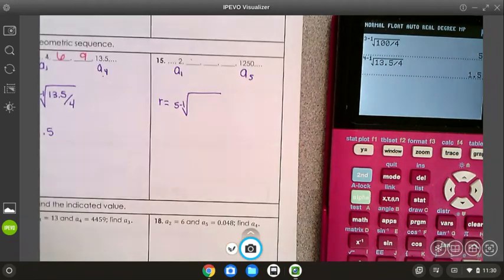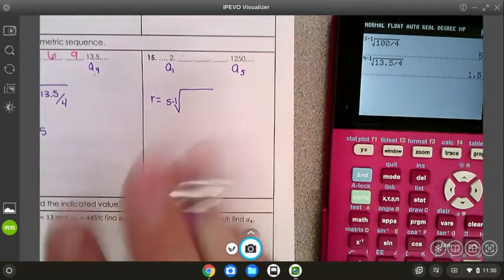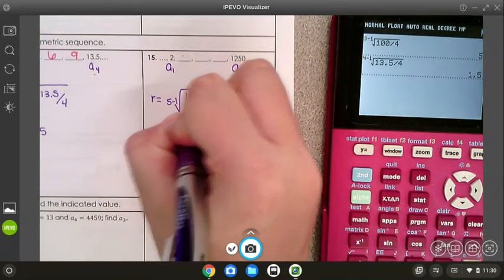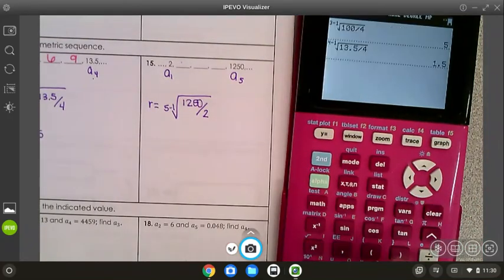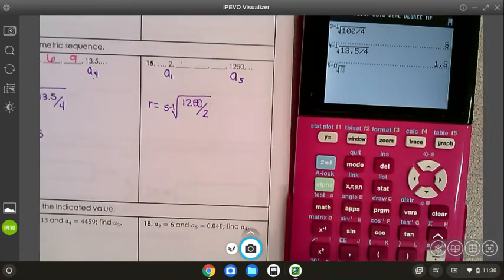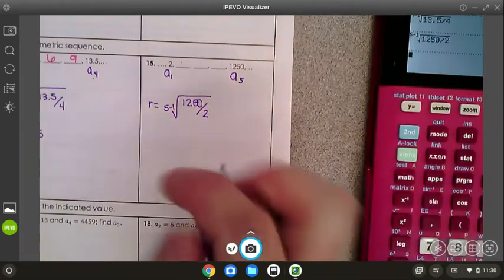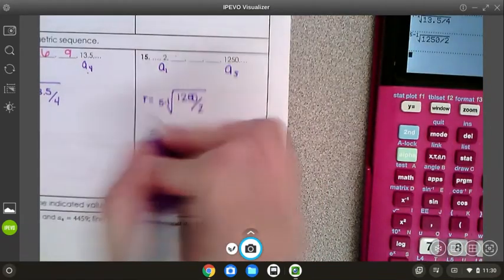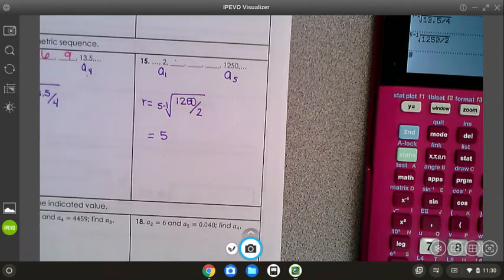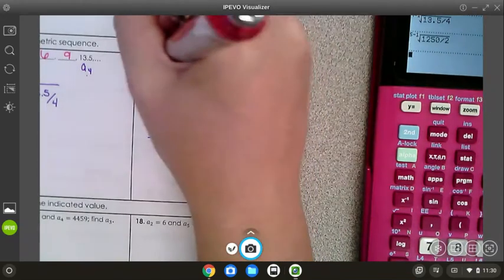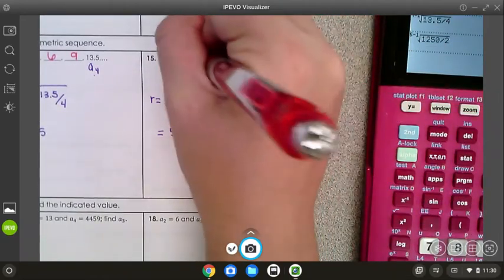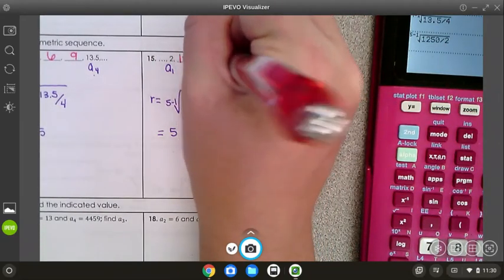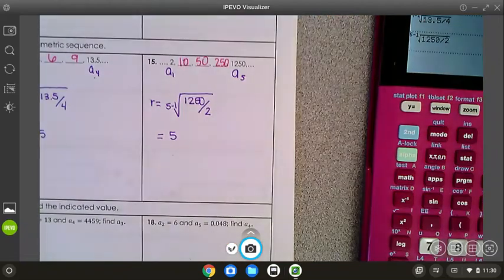So it's going to be a fourth root, 5 minus 1. And then we have 1250 over 2. And this one also had a common ratio of 5. So 2 times 5 is 10, times 5 is 50, times 5 is 250.